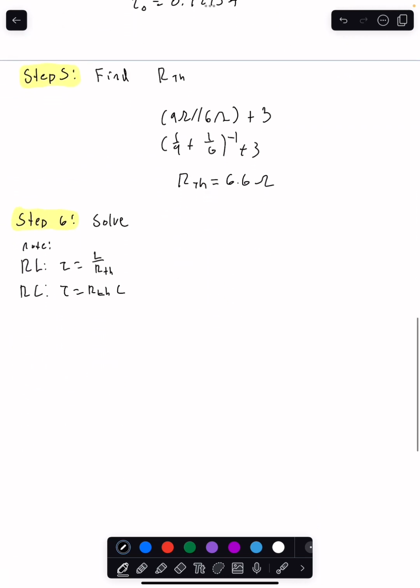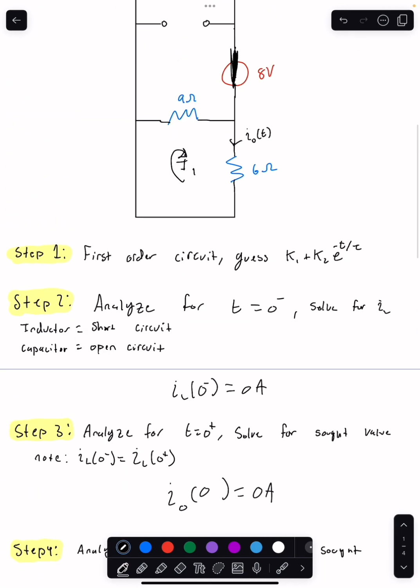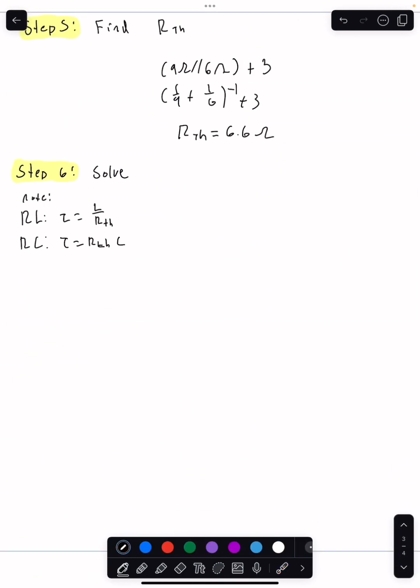Right, now we just solve. So, as we said in the very first step, we know that our solution is going to be in this form: K1 plus K2 times e to the negative t over tau. Okay, but we don't know what tau is yet, so we have to find that first.